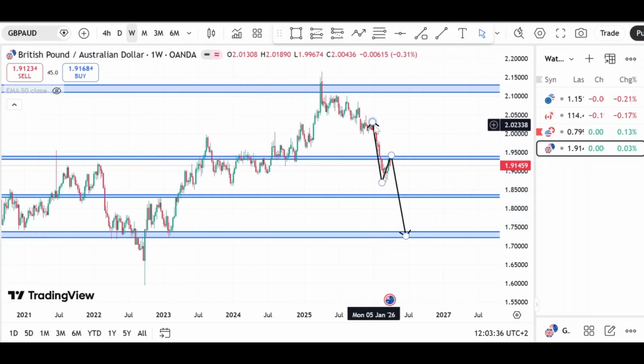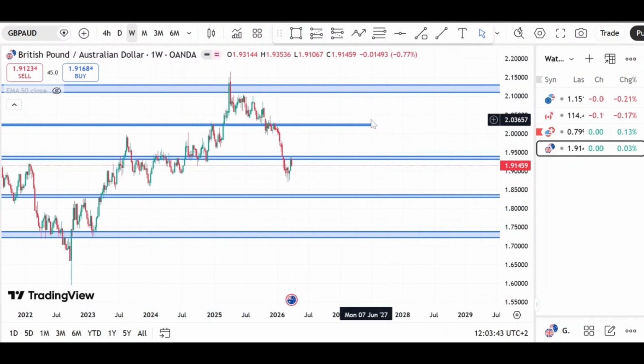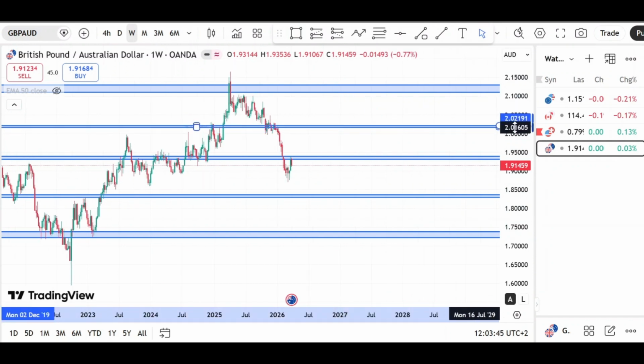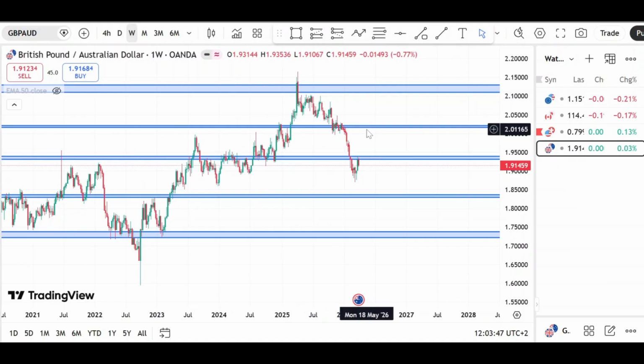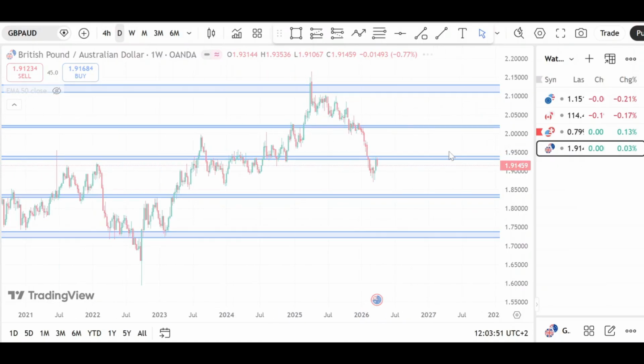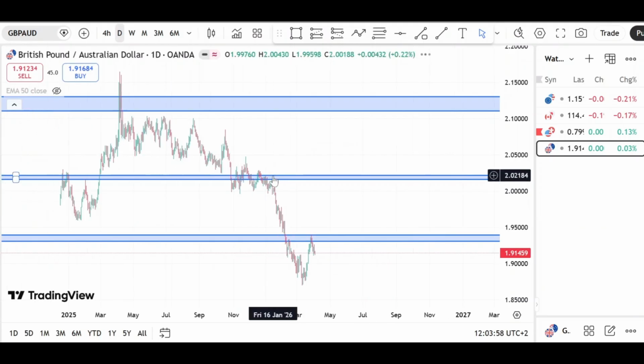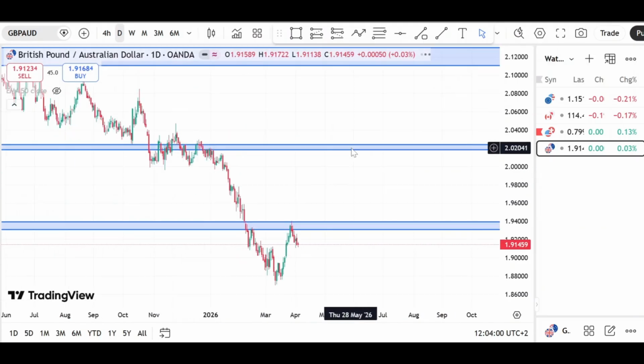And so let's go to the daily structure and see what can happen. Okay, as you can see, now we are in a very beautiful downward trend. In the daily structure, we are still in a downward trend.